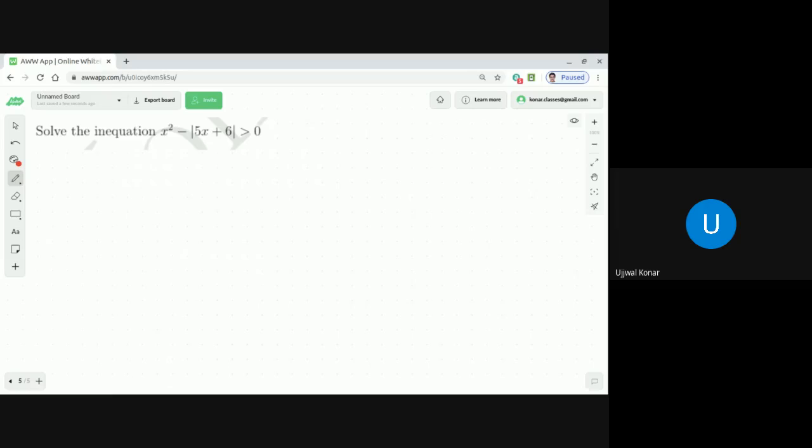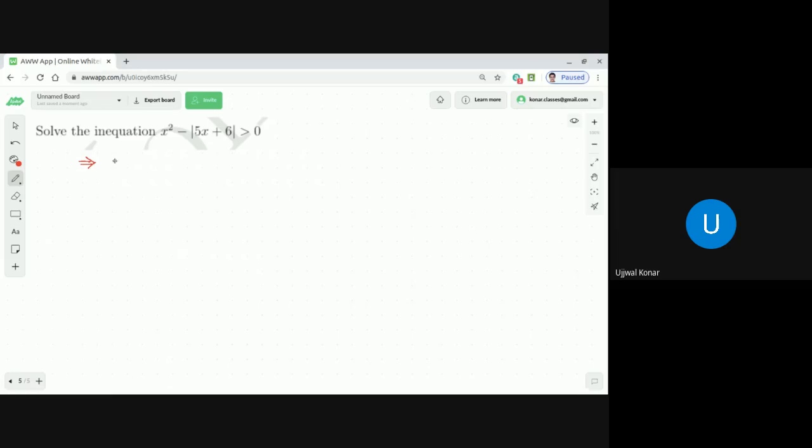Let's look into it. Apparently it looks like, oh sir, it is a little difficult. But let's follow the guideline we discussed: mod of fx less than gx. Remember, dear students? So from this inequation, what can I write?